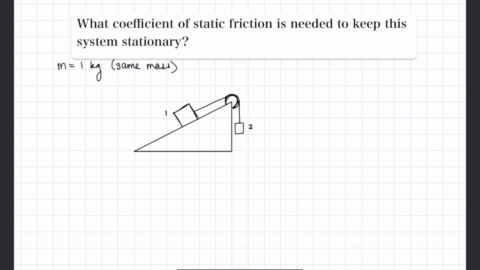Easy peasy. Okay, and we're solving for mu s, so let's draw our forces. Well, we've got Fg, we've got normal, and I guess I should call this Fg1. I'm not going to call it normal 1 since the second guy doesn't have a normal force.